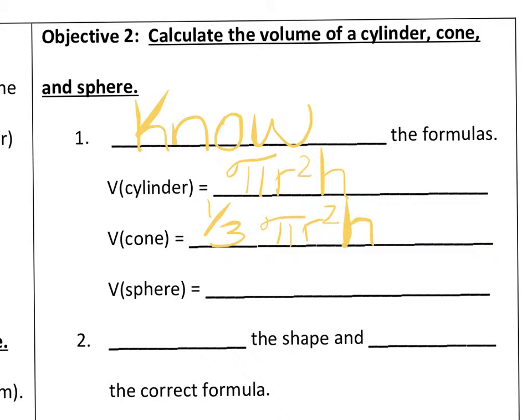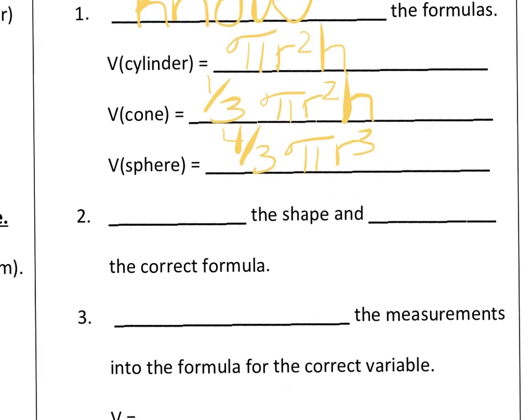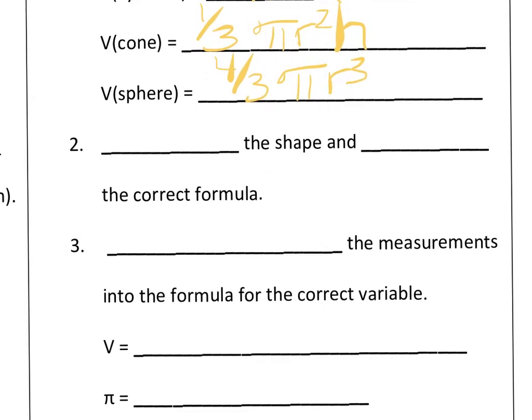And the sphere is 4/3 times pi times the radius cubed. Notice it doesn't have height in it, so it needs 3 radius multiplied together. Obviously, a ball doesn't have height. So once you know the formulas, the next thing you need to do is identify what shape is given to you in the problem.